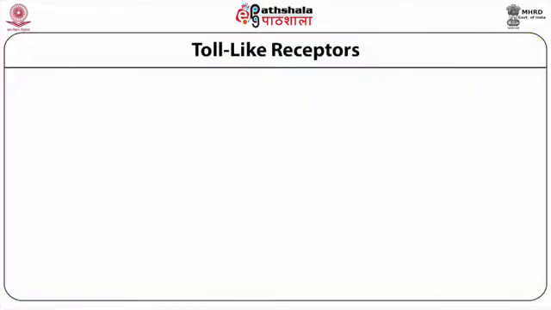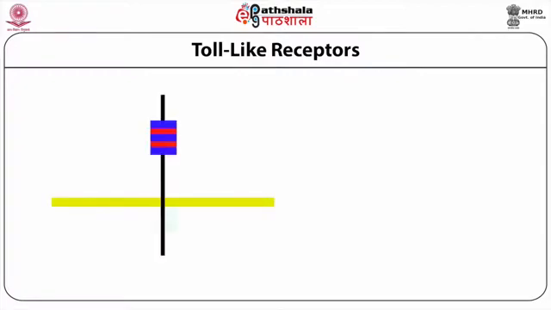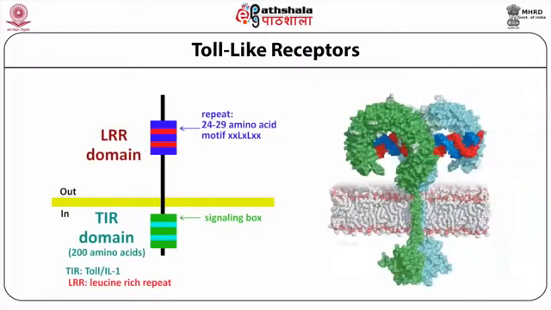Let us now move on to the various pattern recognition receptors. As we mentioned, an important example of this is a class which is generally called toll-like receptors. They are normally abbreviated as TLRs.